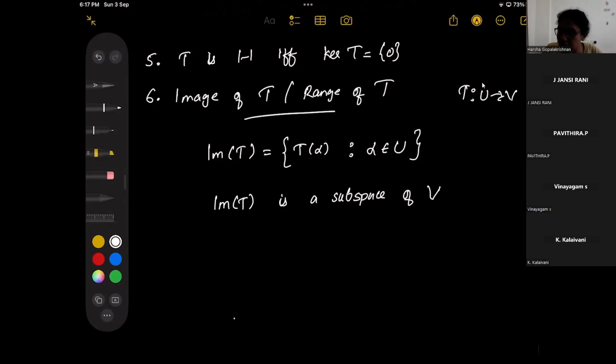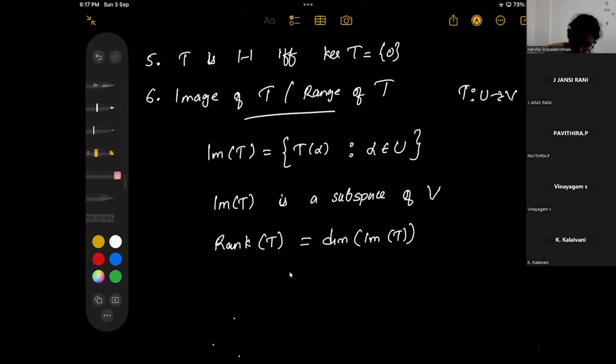And here image of T is a subspace of V. And now again, rank of T. Here we told it is a subspace of V. So for this subspace, some dimension will be there and that dimension is called the rank of T. Dimension of image of T is the rank.